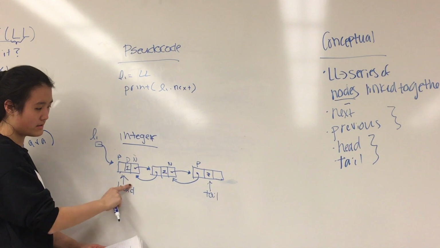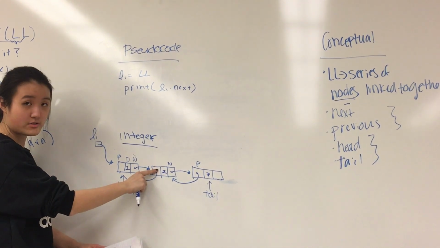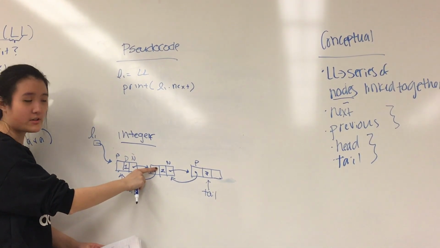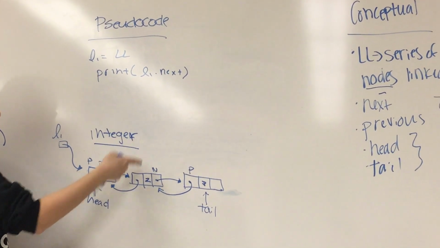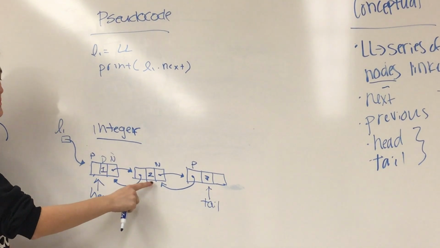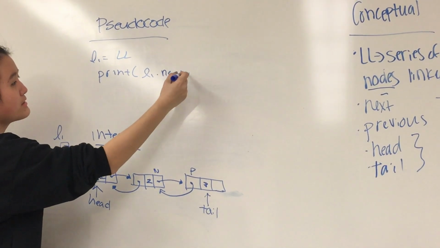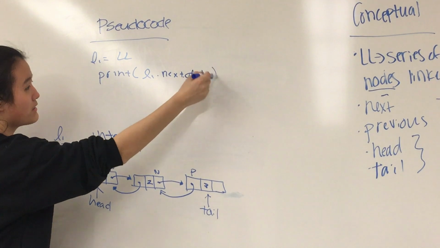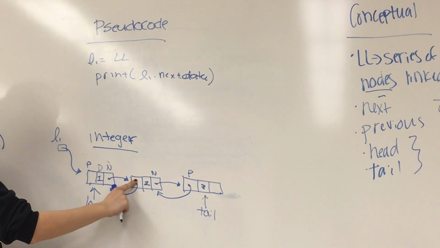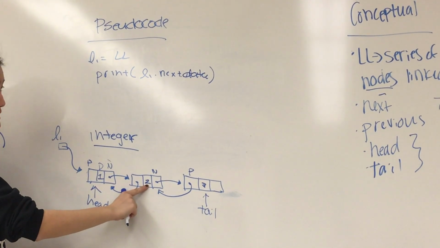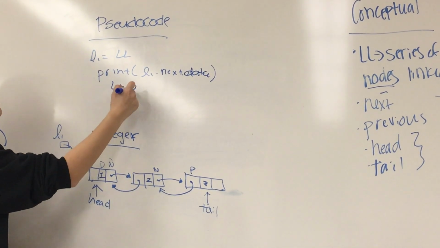So the next is now this node, and because I don't want just the node back, I want the actual data back, I'm going to say dot data. So L1 dot next dot data is going to be 2. So print would actually give 2.